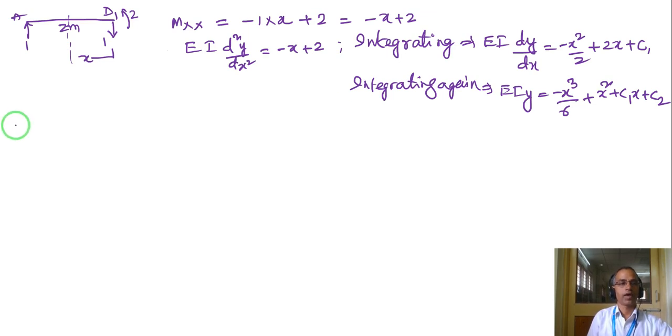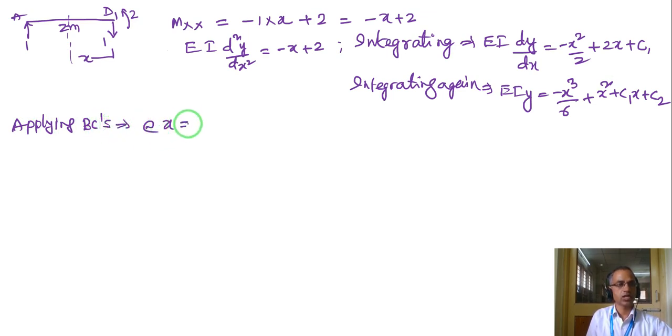Right, now applying the boundary conditions. That means at x equal to 0, what is the slope? dy by dx is nothing but my theta DA.